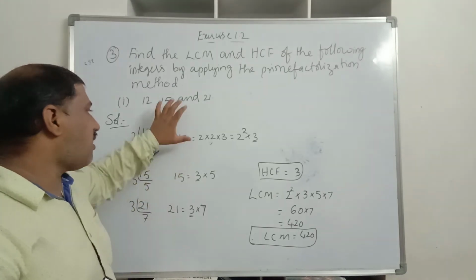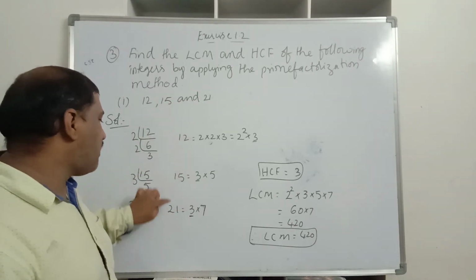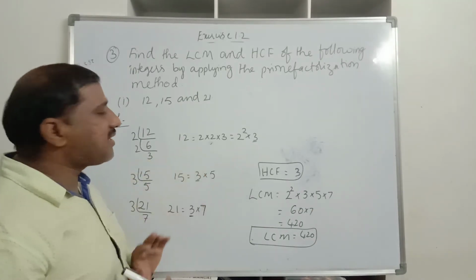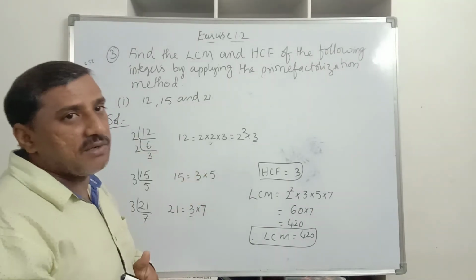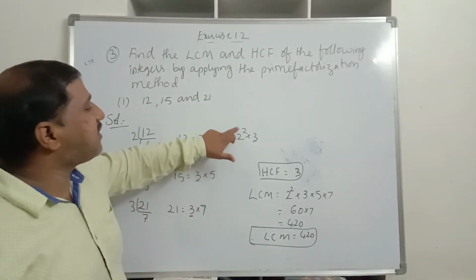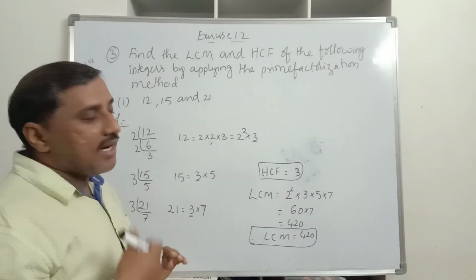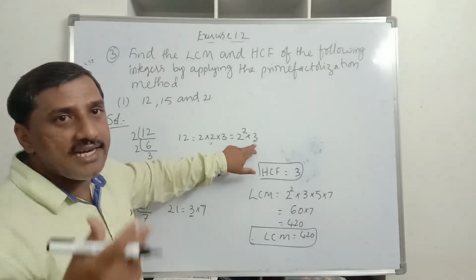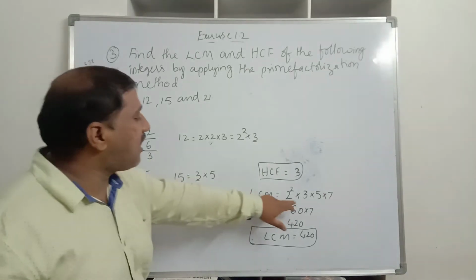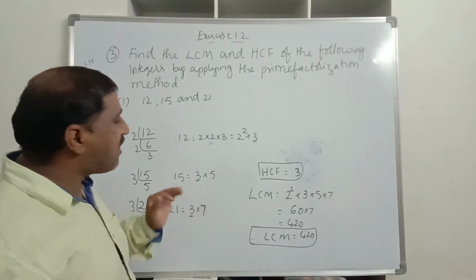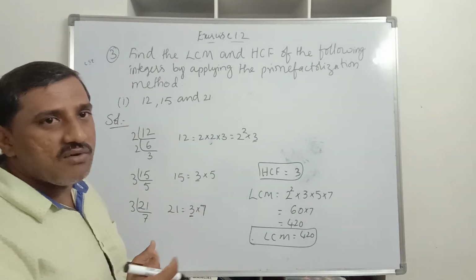So here, altogether for 12, 15 and 21, what are the prime factors? 2, 3, 5 and 7. Observe their highest power. The highest power of 2 is 2 squared. Therefore 2 squared into. Next prime factor is 3 and its highest power is 1, therefore it is multiplied with 3 only, or 3 to the power of 1. Similarly for 5 and 7 we have only one factor, their power is 1.